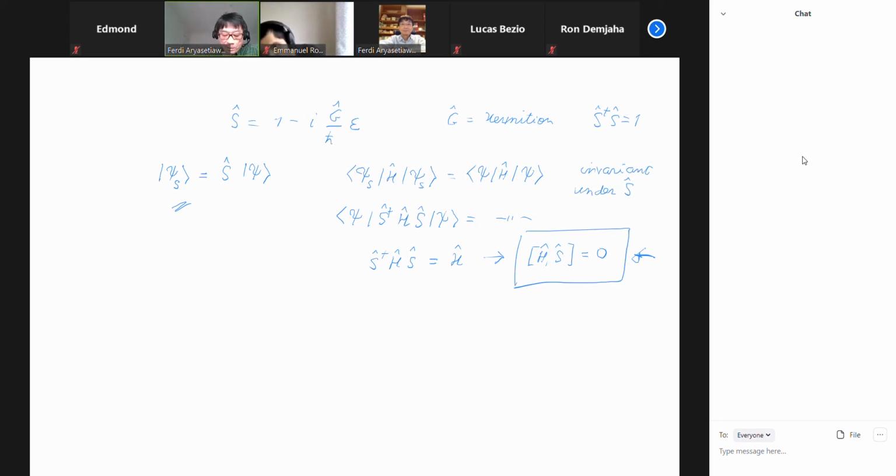And if we use that expression, it would also imply that H commutes with G. That I think is quite clear. It's also 0.